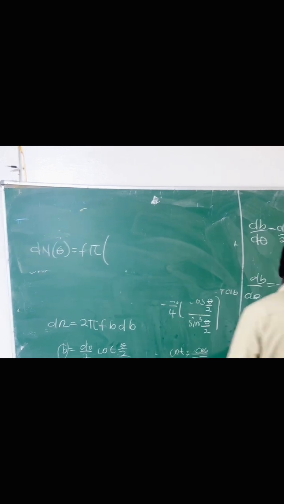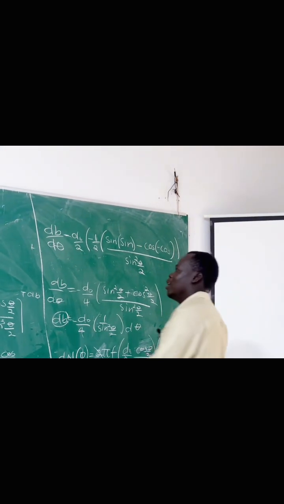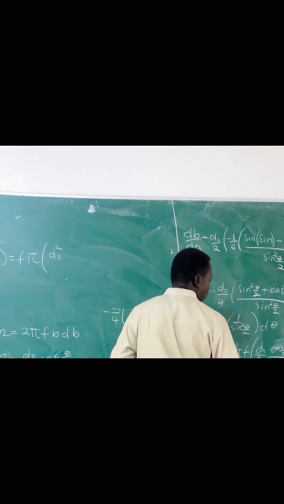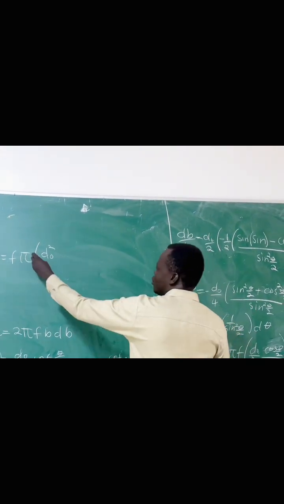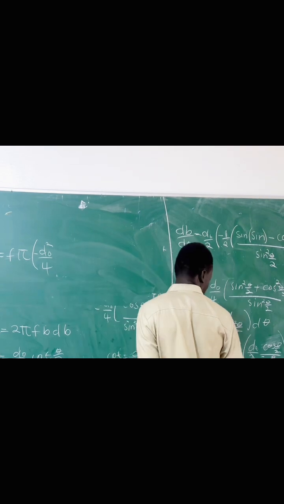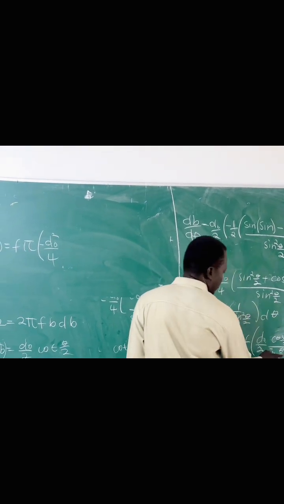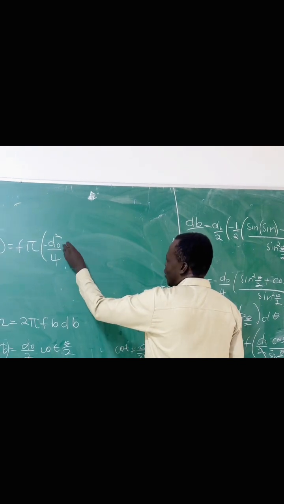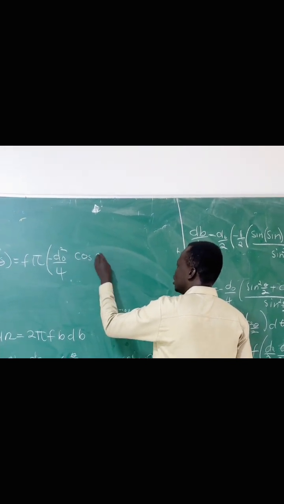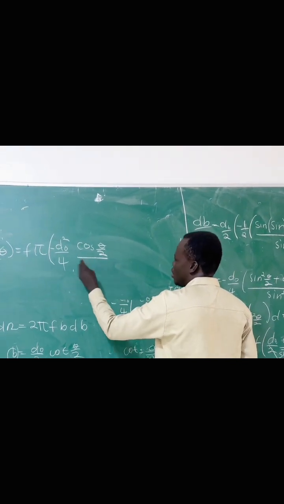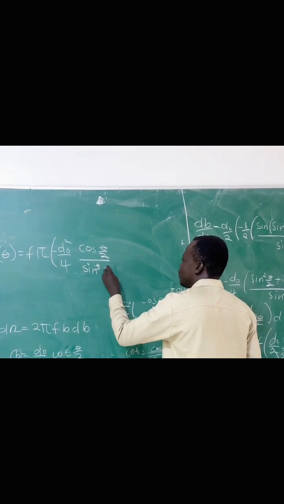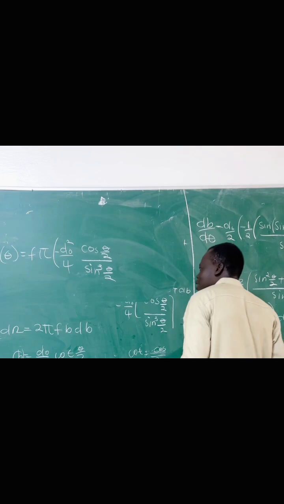And then we have 4 down here. This one is minus 4, and then sine times this sine. Sine here is squared, and this one is 1. So we are going to have cos theta over 2 divided by sine power 3 theta divided by 2.